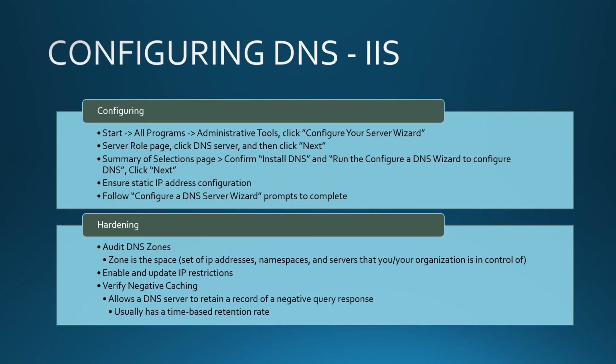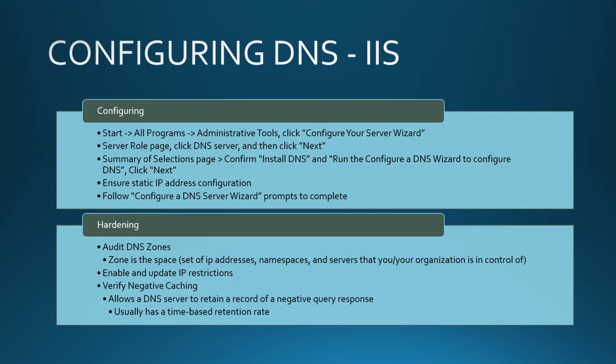Verify negative caching. This allows a DNS server to retain a record of negative query responses. They look for a website, it didn't exist or wasn't up, was down, it had been blocked through the IP restricted list, whatever. And then if somebody else tries it, it just automatically says, hey, you can't access this.